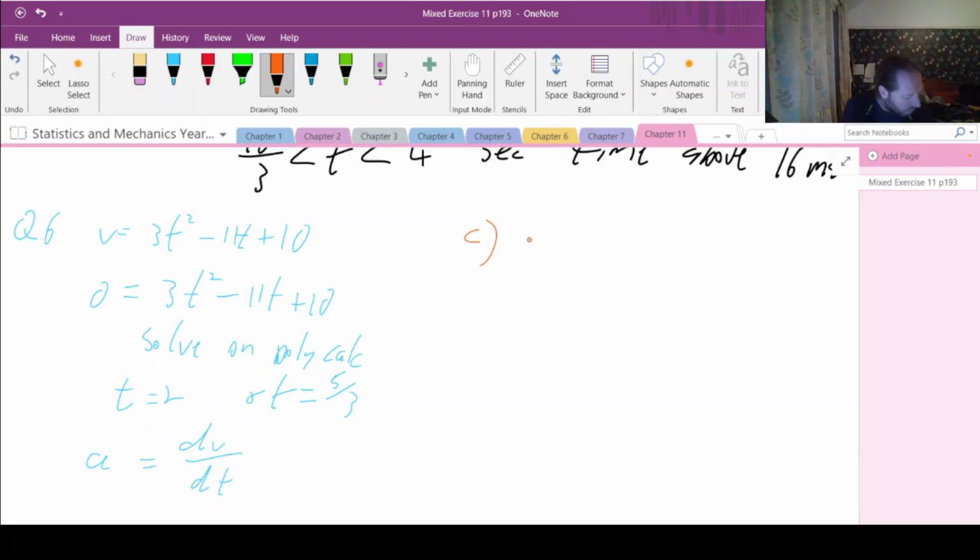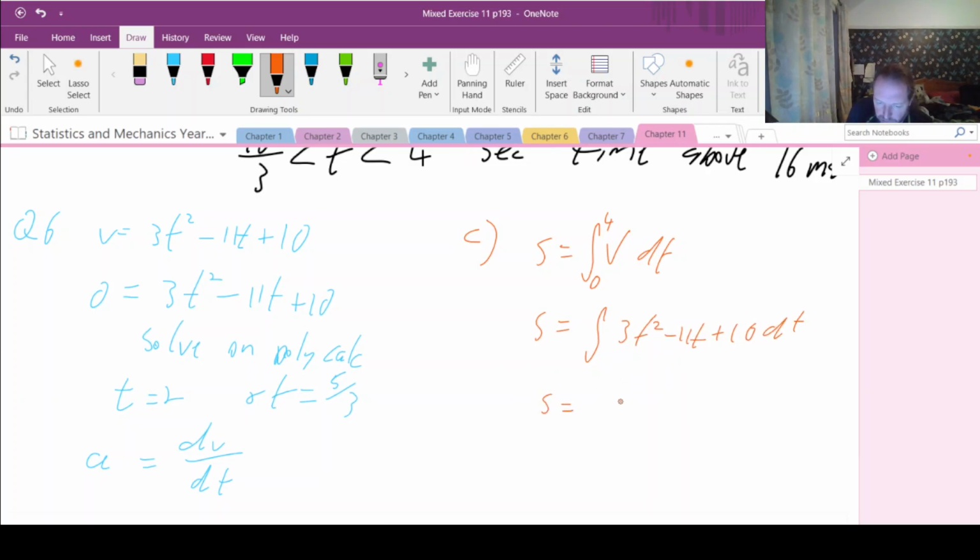So s is equal to the integral of v dt, and we're working between 0 and 4. We'll find the equation first. Let's first work out the integral of 3t squared minus 11t plus 10 dt.